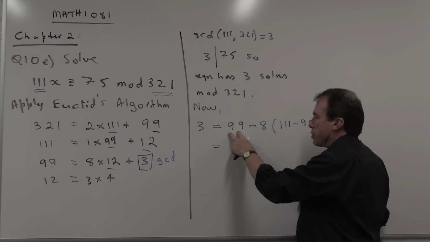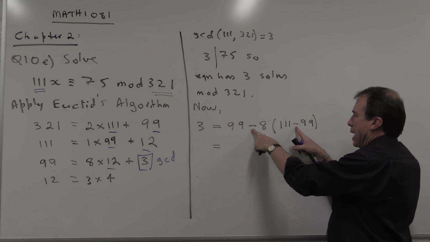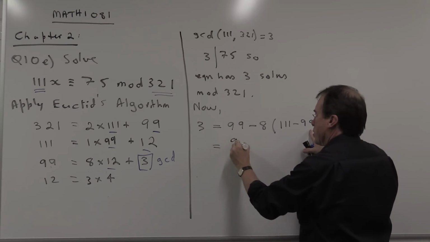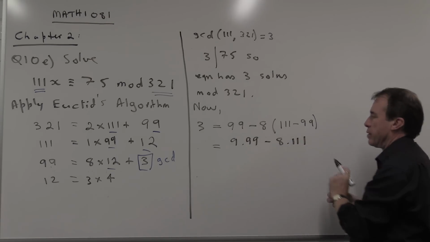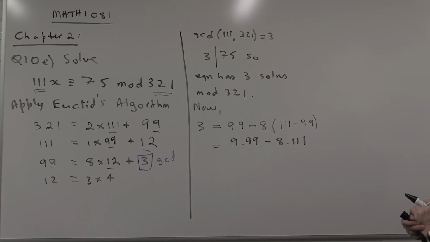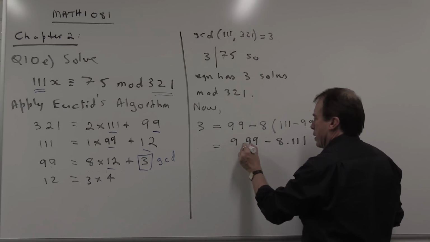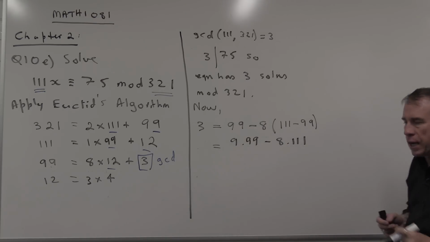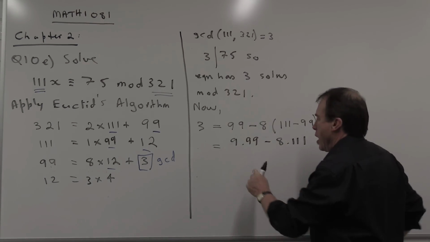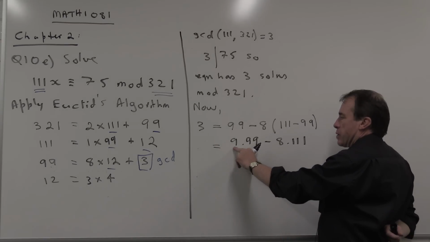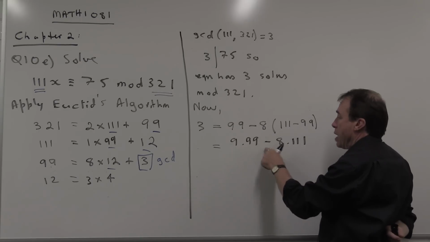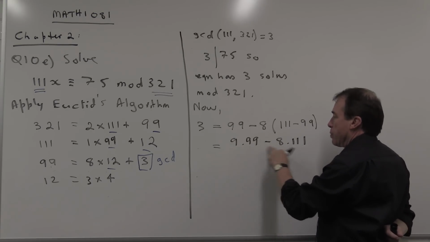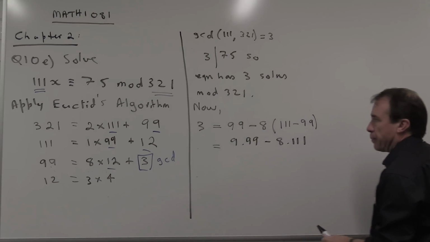So this is one lot of 99 plus 8 lots of 99, which is 9 lots of 99 minus 8 lots of 111. And again, you can check your answers by just looking at the last digit. So 9 9s are 81, that ends in 1, or if you will 11, minus 8, and 11 minus 8 is 3, so that's looking good.